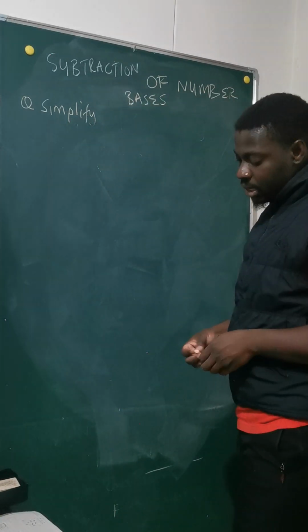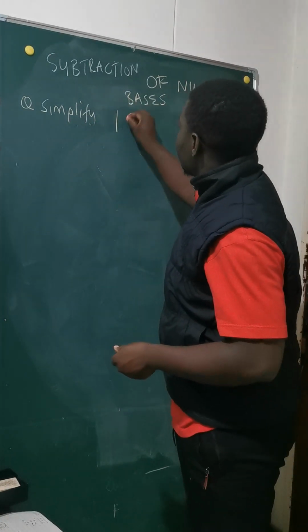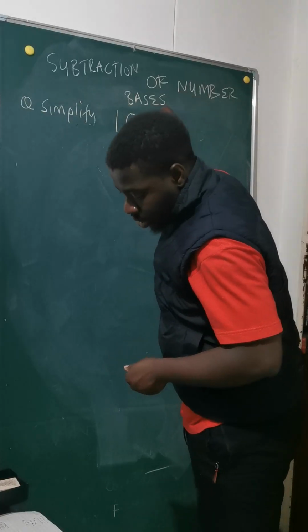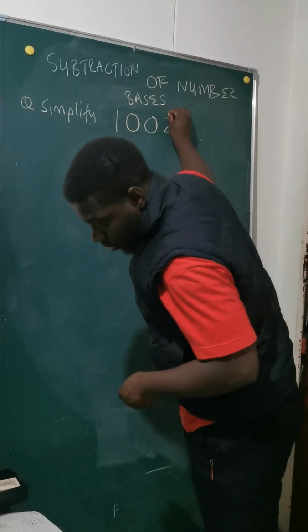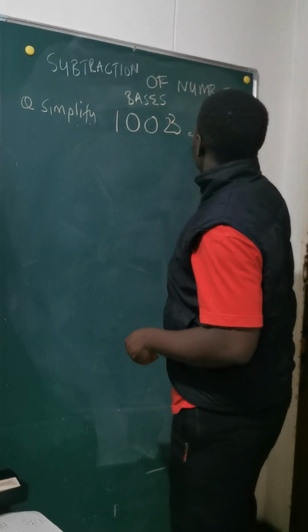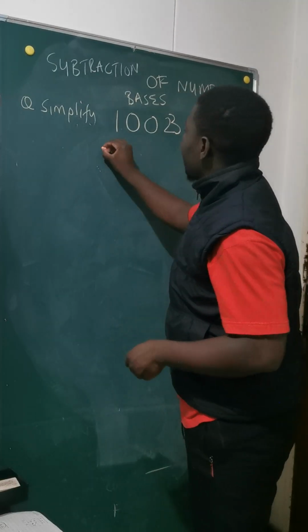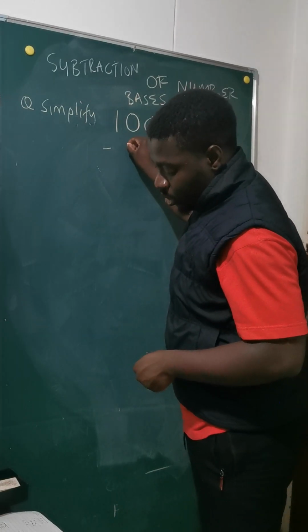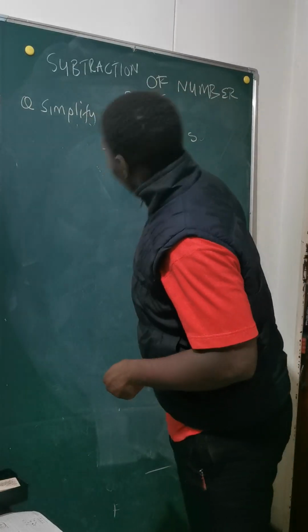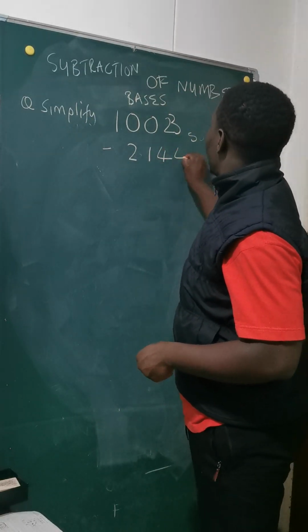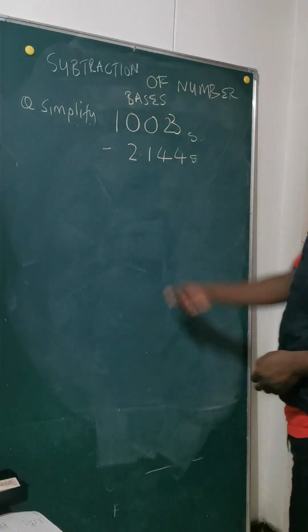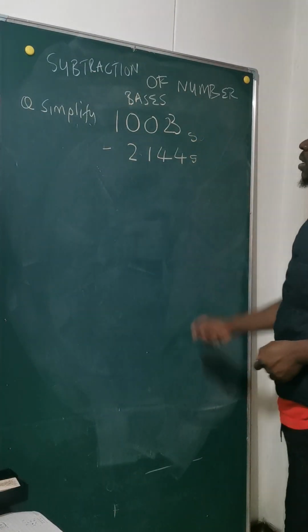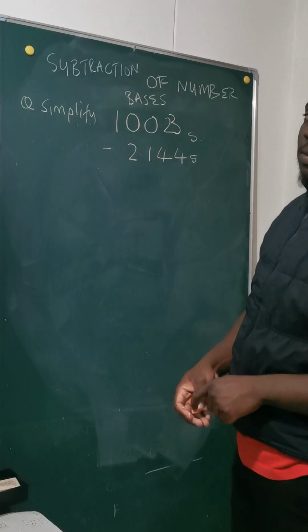Now the question says simplify 10023 in base 5 minus 2144 in base 5.